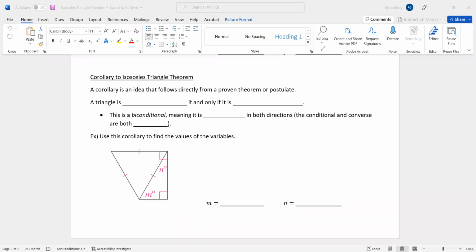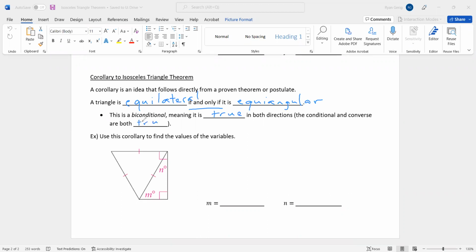So a triangle is equilateral, that means all the sides are the same, if and only if it is also equiangular, which means all the angles are the same. Notice it's biconditional, if and only if, meaning it is true in both directions. Okay, the conditional and converse are both true.